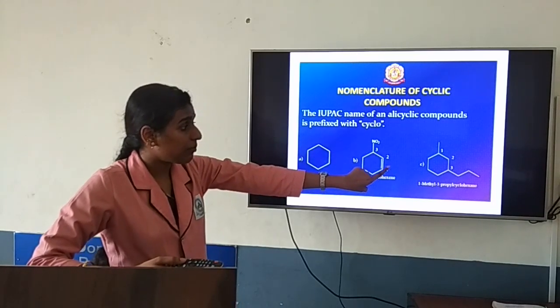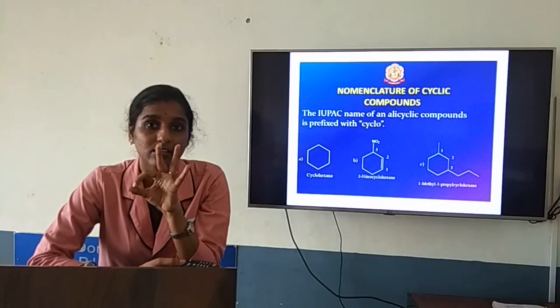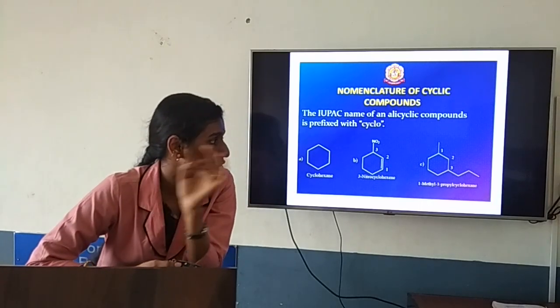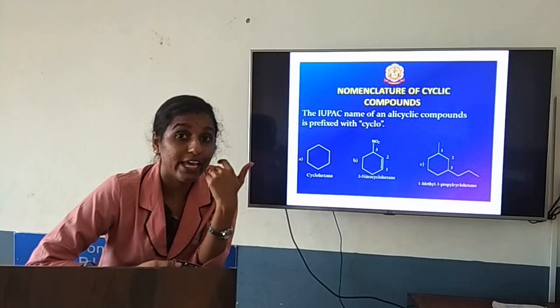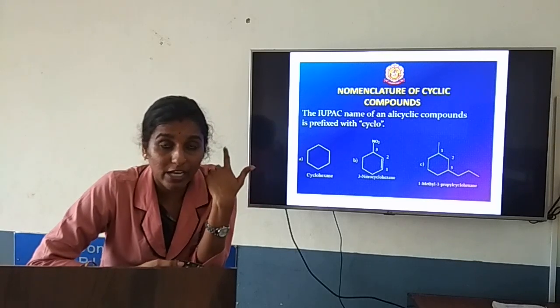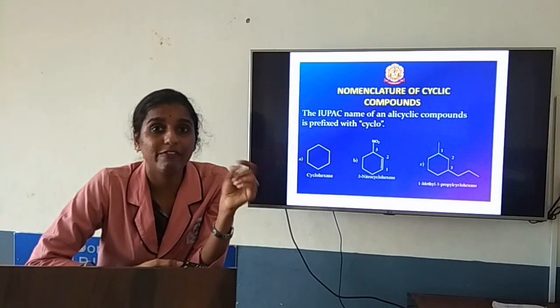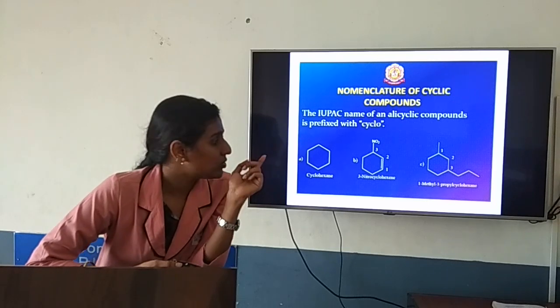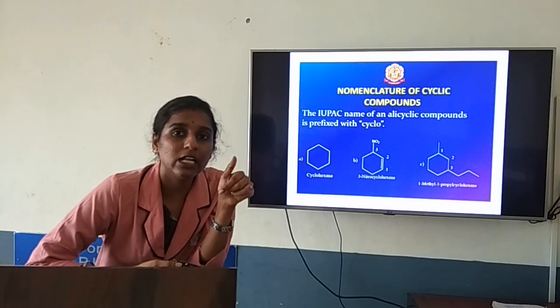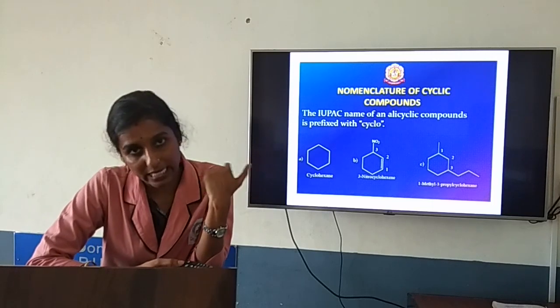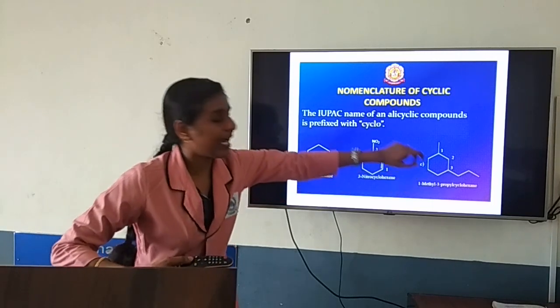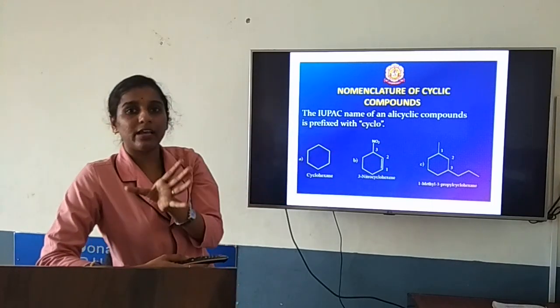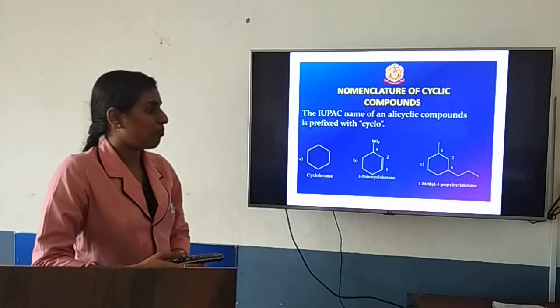There, the number of carbons is 3. So 3 carbons are present, but we cannot give it as propane because we are not ending with propane, we are writing in the middle. So the third position is having an alkyl group, and it is considered as propyl, because one hydrogen has been replaced by the ring, so we name it propyl.